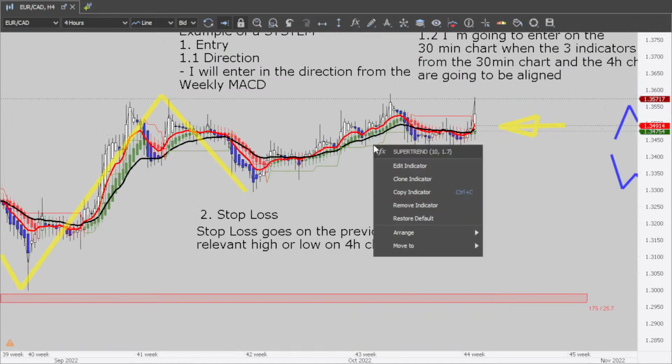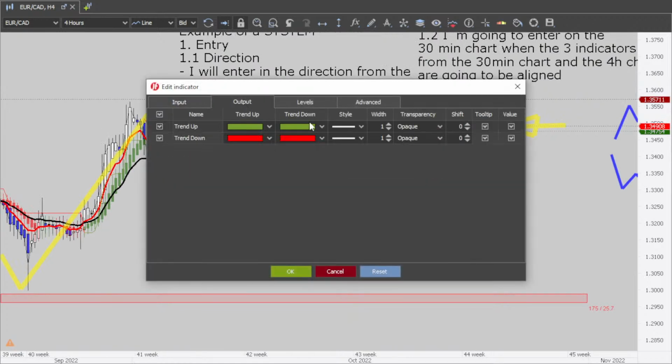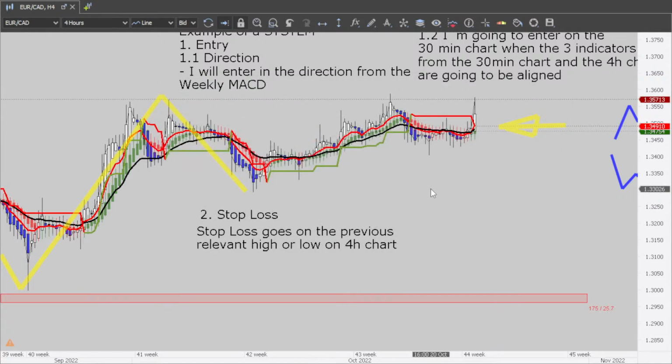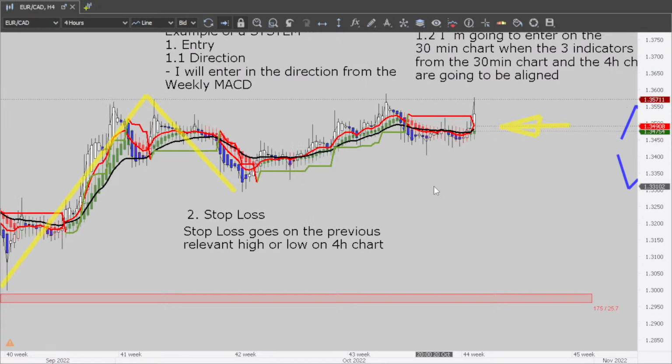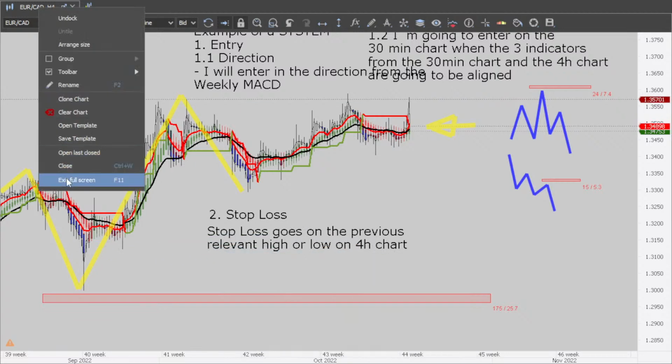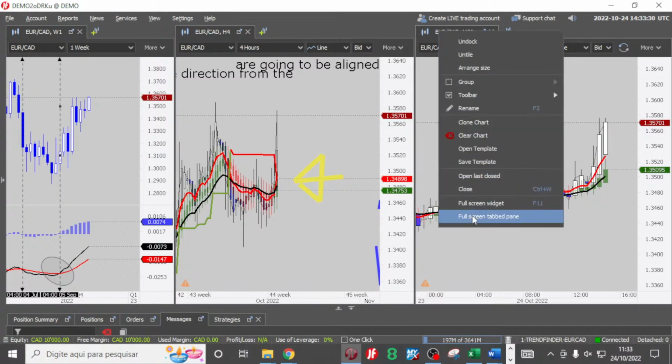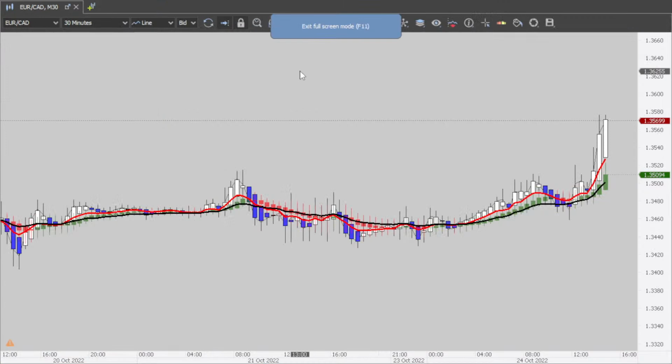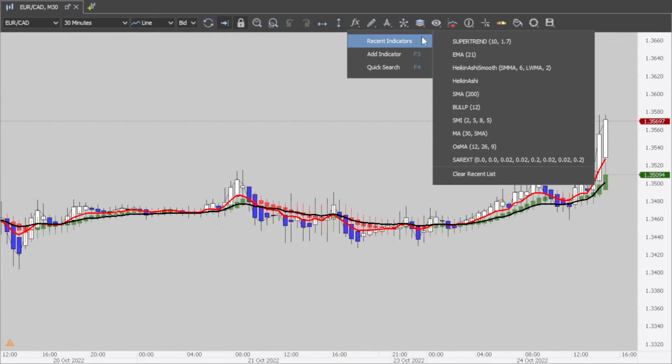Here we have Super Trend, edit indicator, output, make it bigger, right? What if we put it so the stop loss goes on the previous relevant high or low? Is there anything wrong if I put a Super Trend on the 30-minute chart?